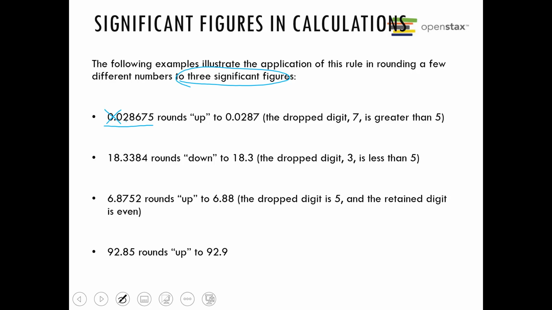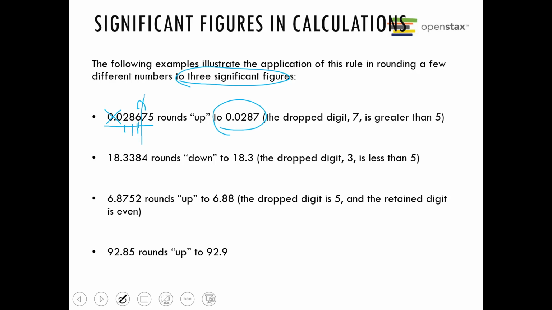So I would say, well, this is number 1, this is number 2, this is the third sig fig. So I would draw a line after my third, and then we just use regular rounding rules. What does that 7 normally do to a 6? Does it round it up, or would it stay the same? And because it's above 5, it would round it up. So I would round up to 0.0287.